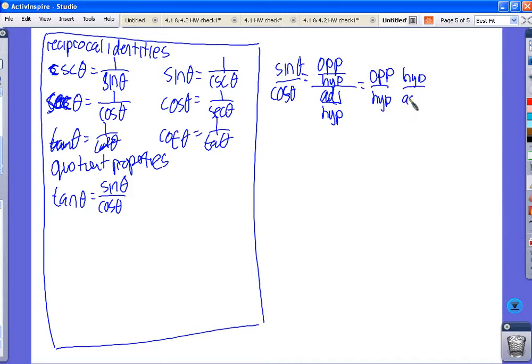Hypotenuse over adjacent. What happens now? Cancel the hypotenuse, get opposite over adjacent. And what's that? The tangent. The cotangent is equal to the cosine over the sine.